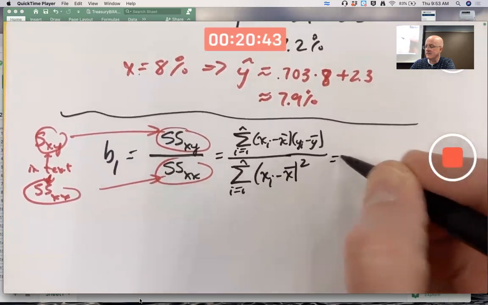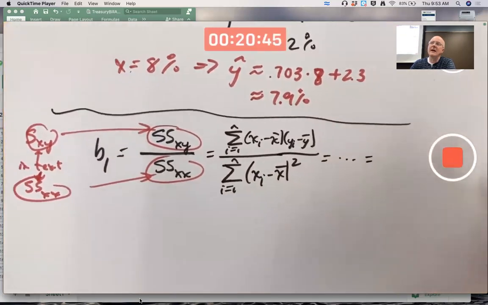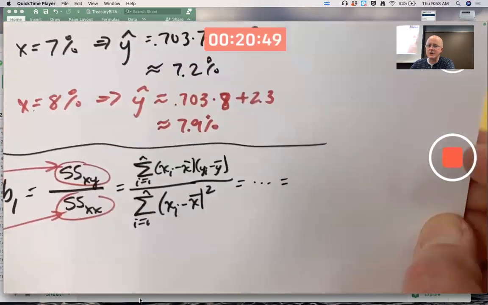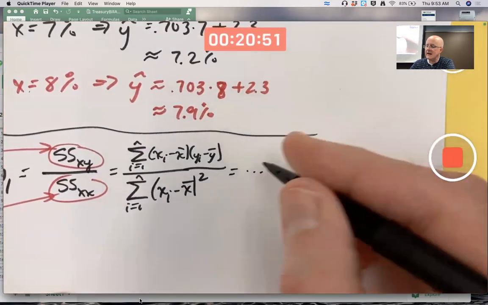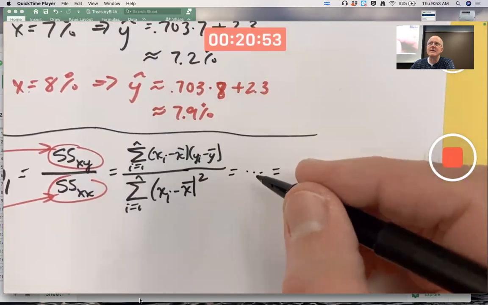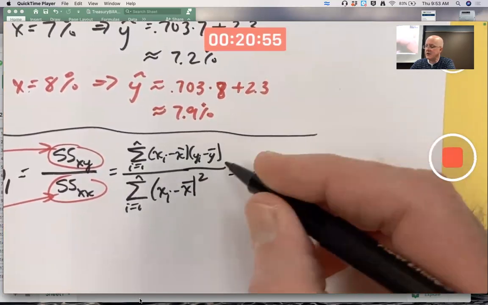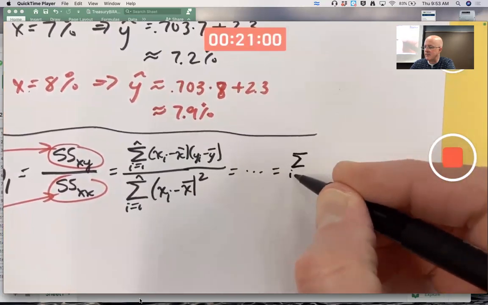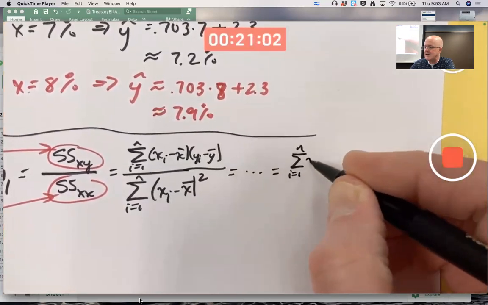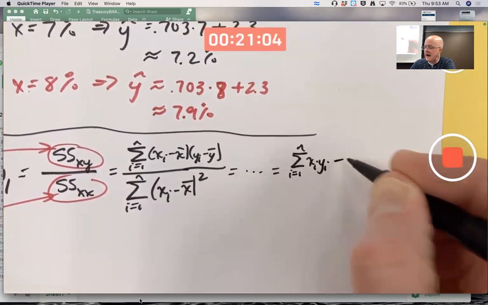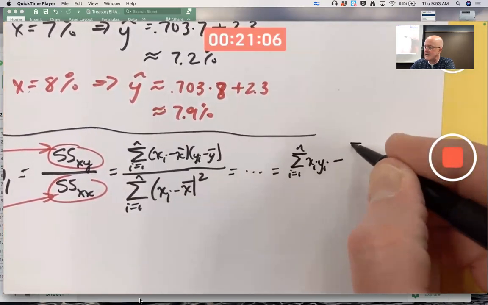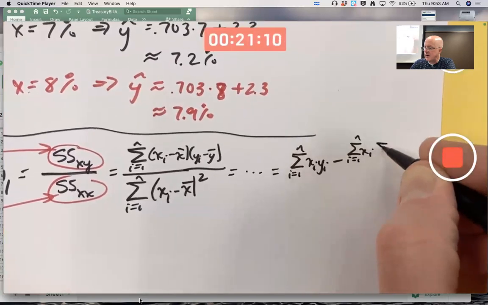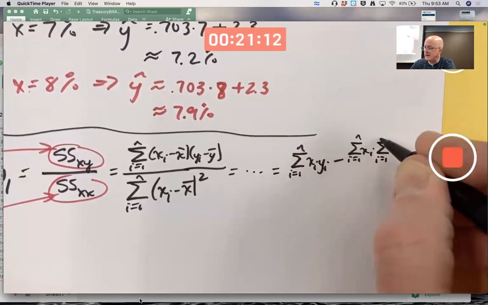However, it's not the usual equation that's used. They usually expand these things out and verify that the numerator turns out to equal the sum, i goes from 1 to n, of xi times yi minus the sum of the xi's times the sum of the yi's over n.